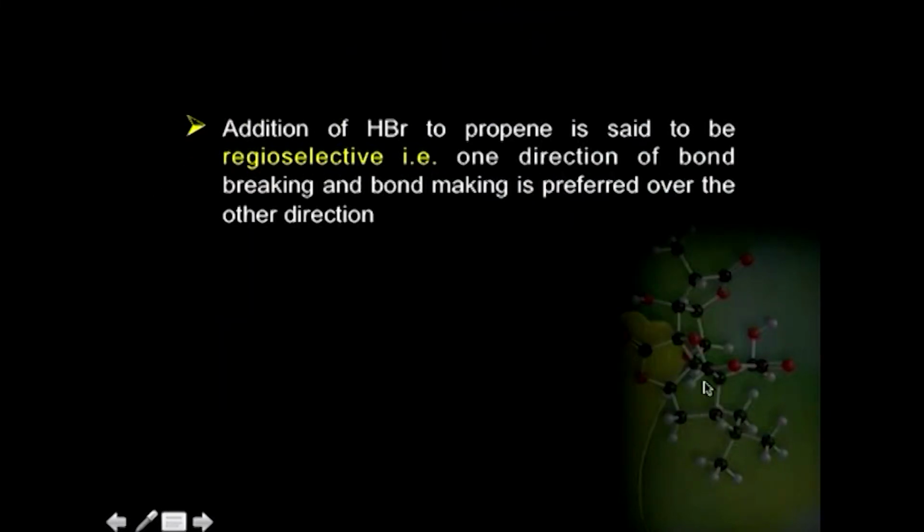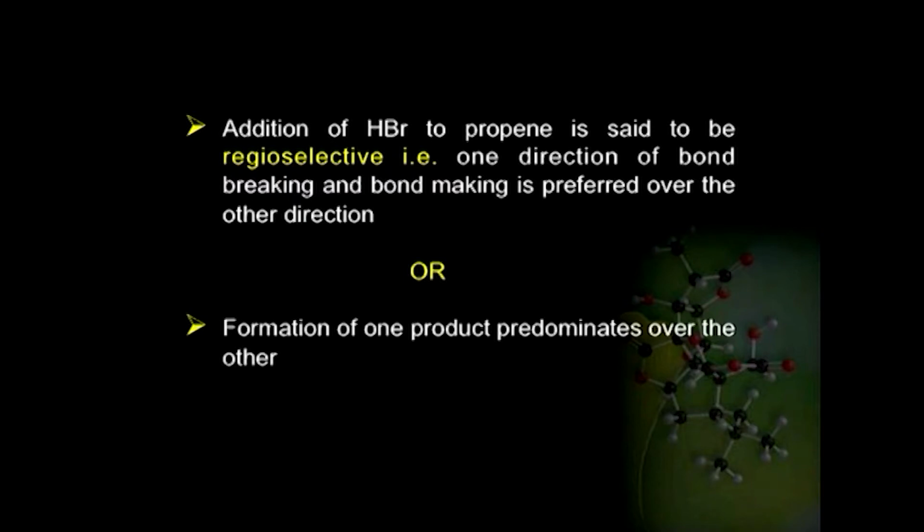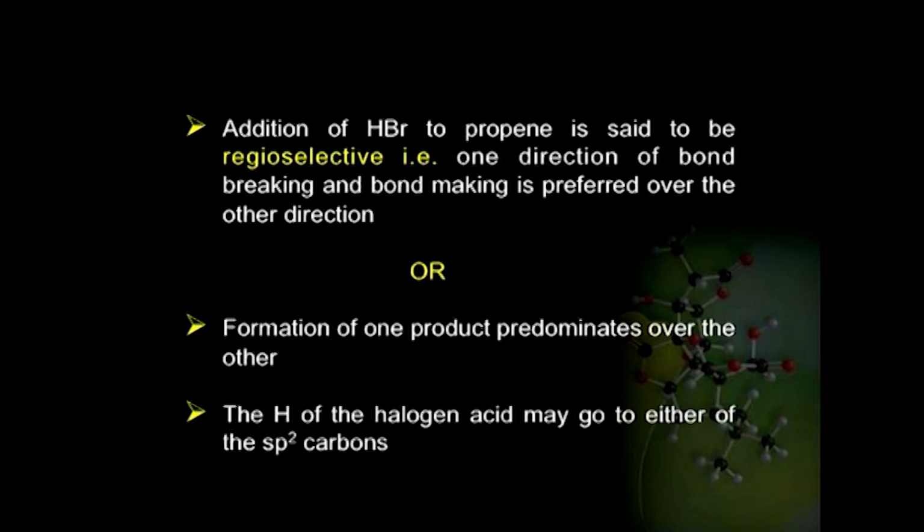Addition of HBr to propene is said to be regioselective. That is, one direction of bond breaking and bond making is preferred over the other direction. We can put it in other words also: formation of one product dominates over the other.